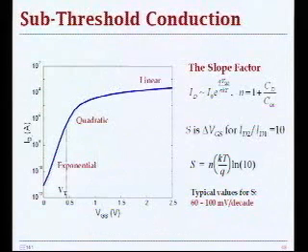In addition to the four regions of operation that we defined, cutoff, linear, saturation, and velocity saturation, it's very important to also understand the sub-threshold behavior of MOS devices. That occurs when your gate to source voltage is less than the threshold.